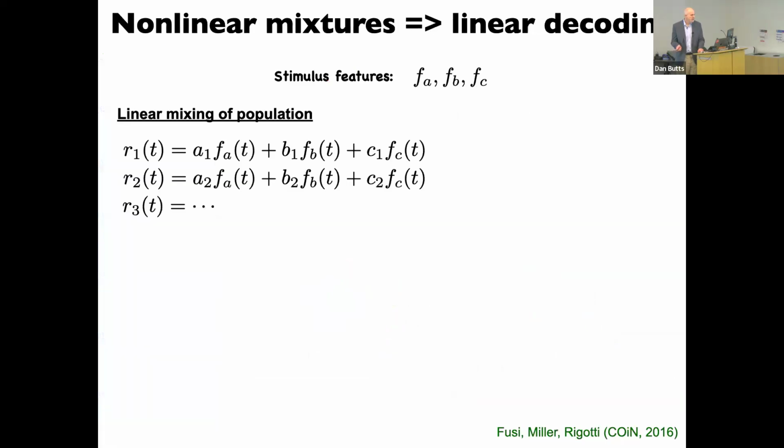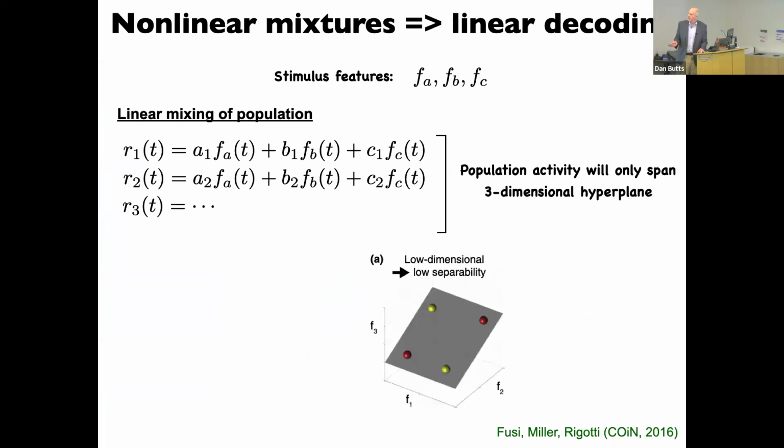In that sense, it's well known that linearly mixing different features actually makes it harder to decode arbitrary combinations of features, because if you have 3 features but you linearly mix them, they're all in the same hyperplane, which means even if you have a whole lot of neurons, they're still in the same low dimensional subspace.